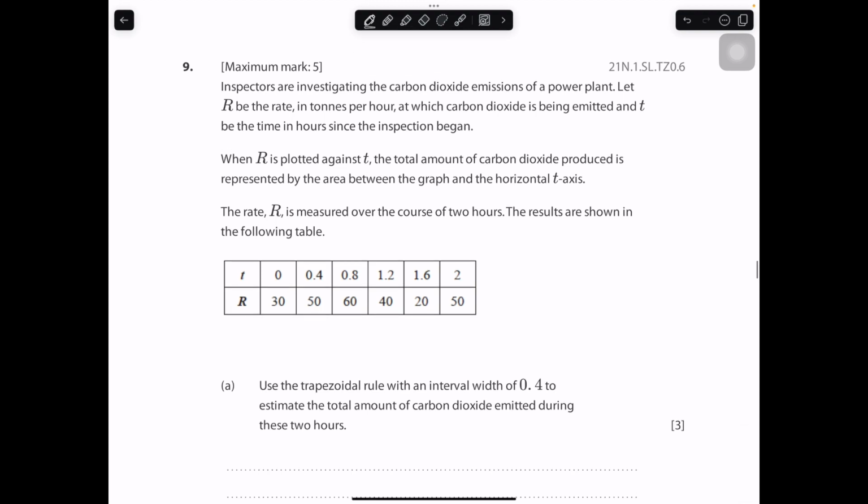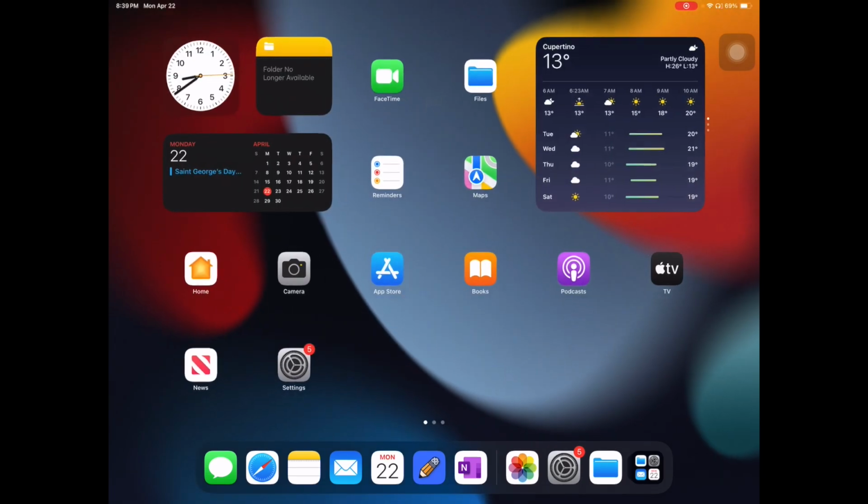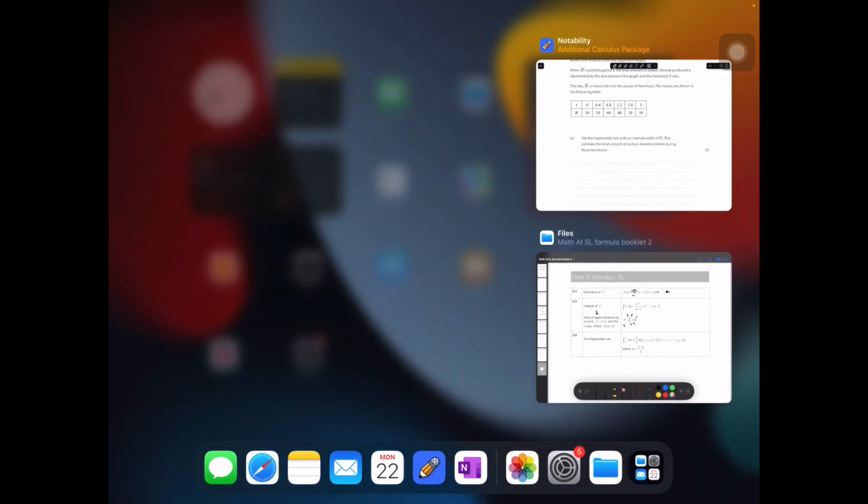Let's see. Let R be the rate in tons per hour. For this one, I think it's a more straightforward trapezoid rule question. Should we do it? Let's have a look. If you want, you can, of course, skip ahead.